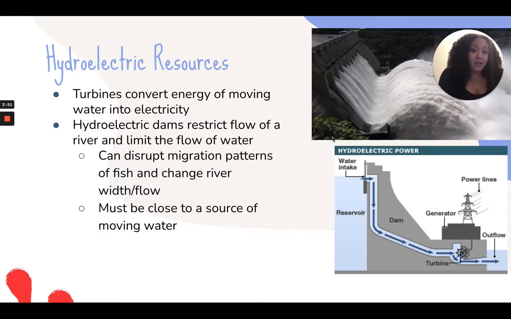So another con is that you have to be close to a source of moving water. So if you're landlocked, if you're in the middle of the US, there might be less hydroelectric resources near you. Okay, so hydroelectric power, they use turbines in the dams to convert energy of this moving water into electricity.